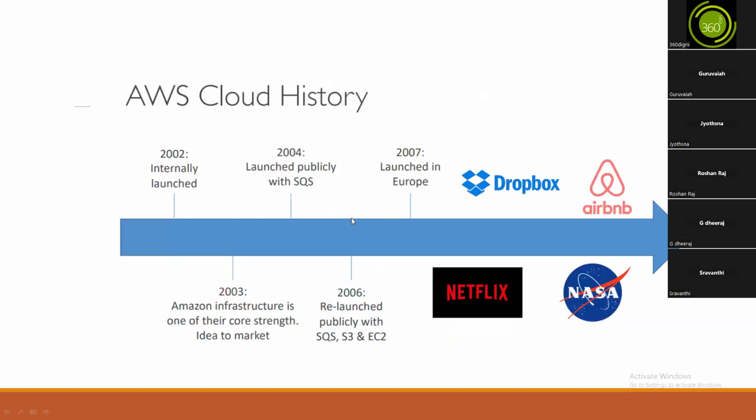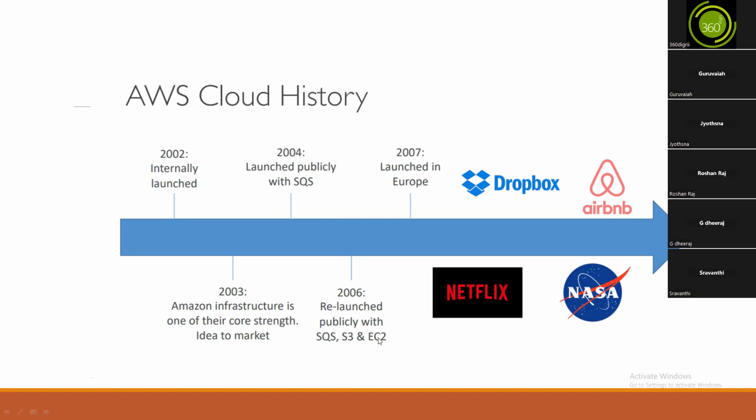So what is the AWS cloud history? In 2002, AWS was launched internally. In 2003, Amazon infrastructure was one of their core strengths, and the idea went to market. In 2004, launched publicly with SQS. In 2006, relaunched publicly with SQS, S3, and EC2 instances.